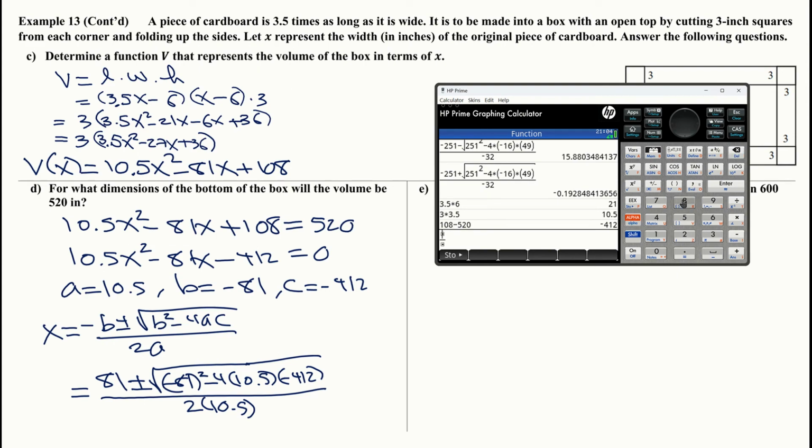And replace it with 81. I'll do the plus case first. Plus the square root of the quantity.